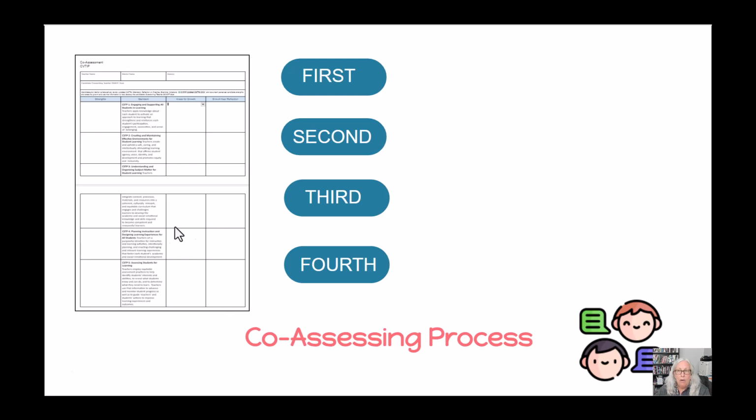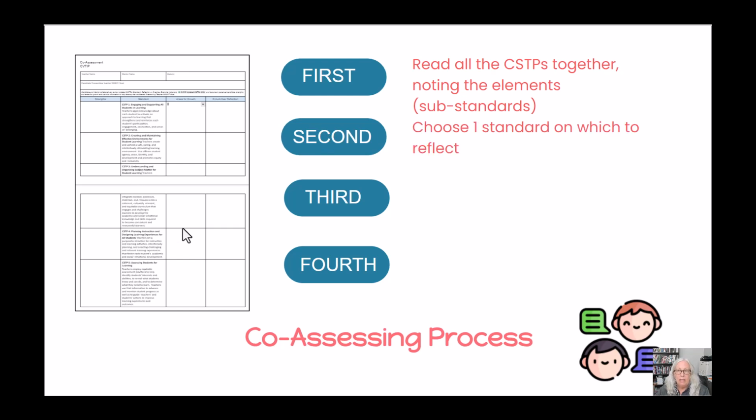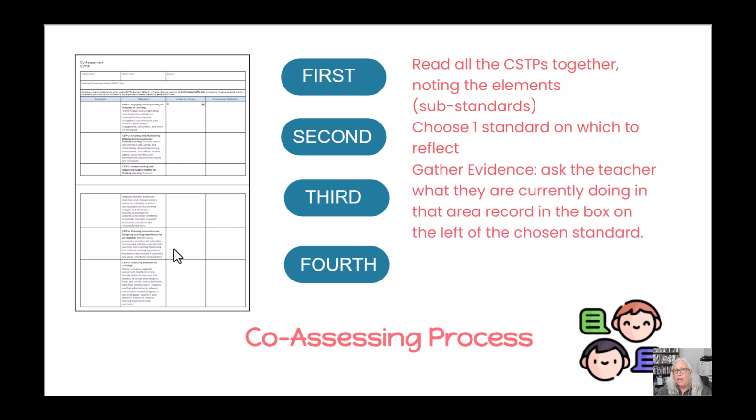So I want to go over how you are going to do that process. First, you are going to go back to that document and read all the CSTPs together, noting the elements and the substandards. Then once you've read them all, you're going to choose one on which to reflect for this inquiry cycle. And then you're going to gather evidence.